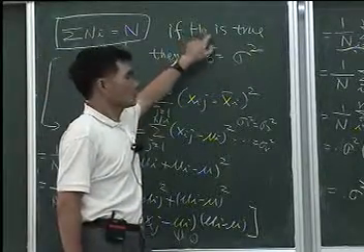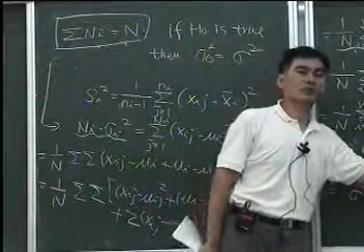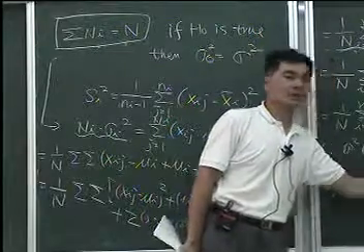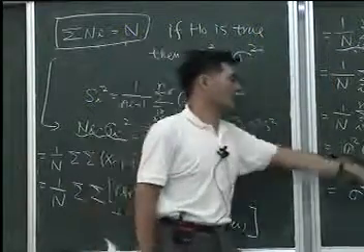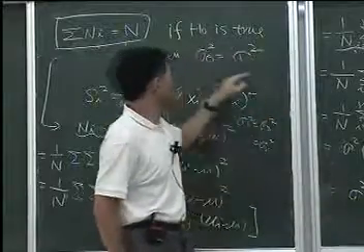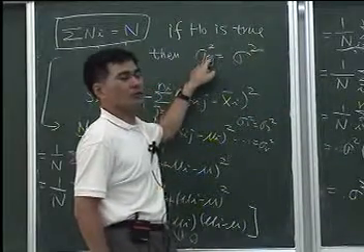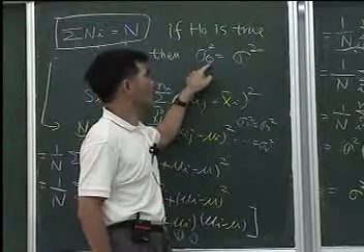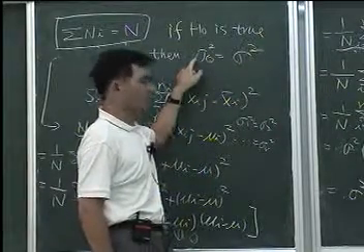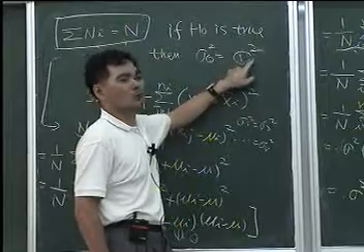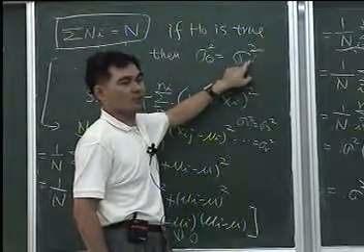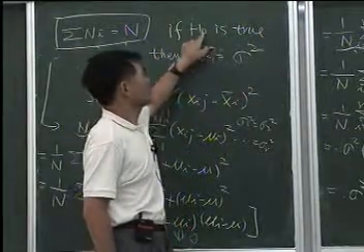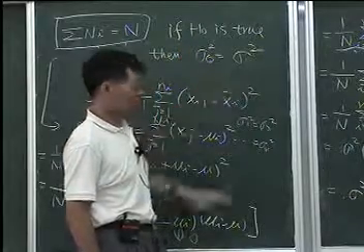If H naught is true, that means this part will be equal to 0. Then sigma g squared, the population variance, must be equal to the variance of each individual machine. If this is true, then this should be true.